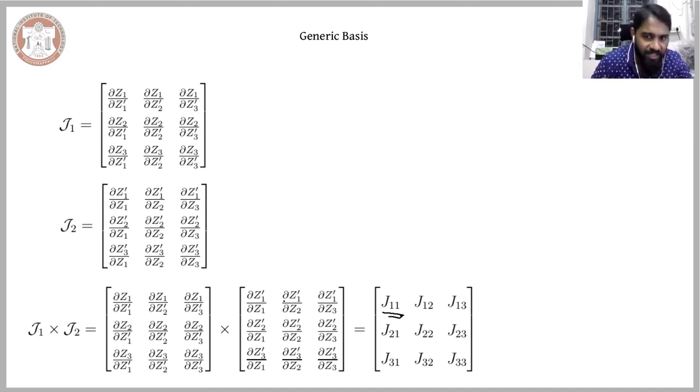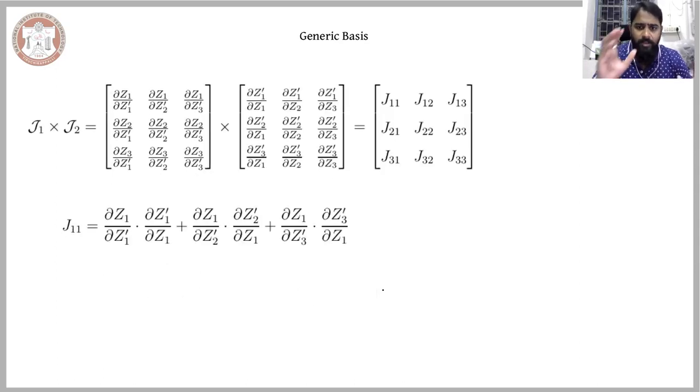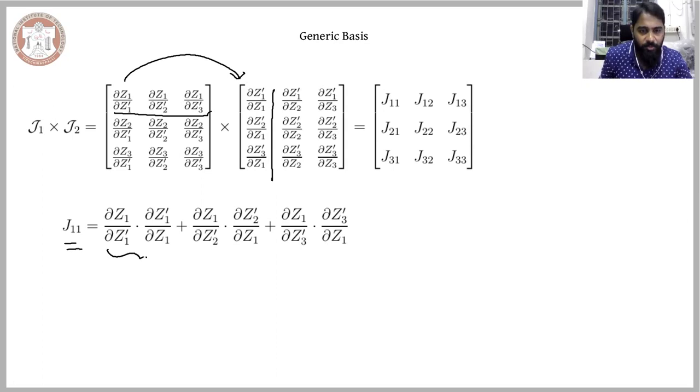One starting point is that instead of writing the product of this row and this column in this place, we are introducing a variable that indicates it. Now this J11, the entity J11 in the product matrix, is the product of this row and this column here. As you can see, this is multiplied with this, that contributes to the first term.